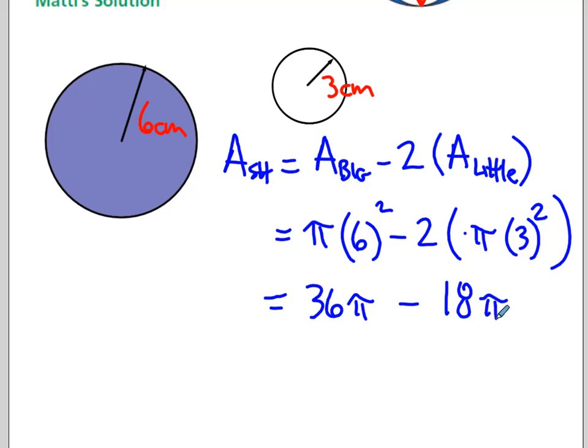And you could punch all of that in your calculator if you want a more sophisticated approach. Because these are both measured with pi, we can treat that kind of like collecting like terms. So 36 pi's minus 18 pi's leaves me with 18 pi's. Or we can multiply that together and get 56.5 centimeters squared.